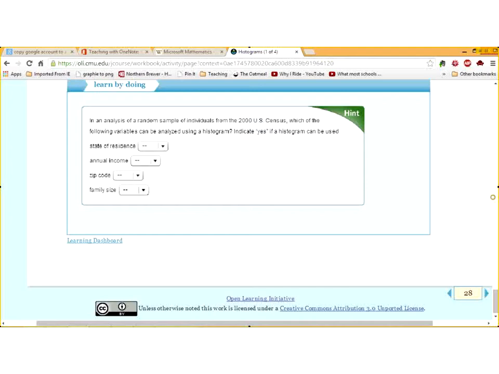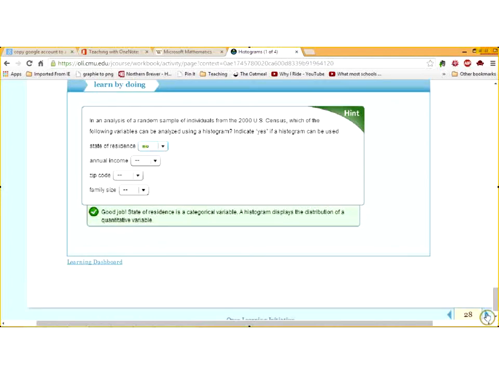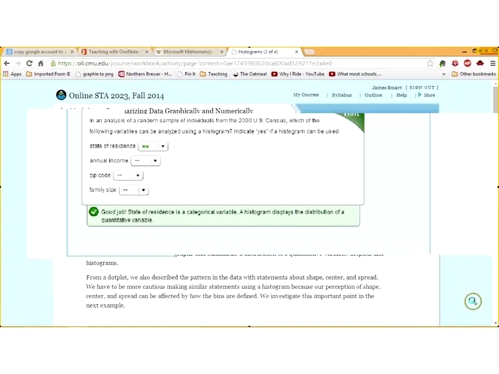So if it's a quantitative variable, then you can use a histogram. If it's a categorical variable, you cannot. For example, state of residence is categorical, so you cannot use a histogram. And that's what that says. All right, so we'll go on ahead.